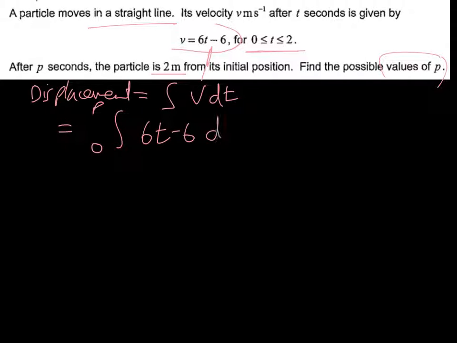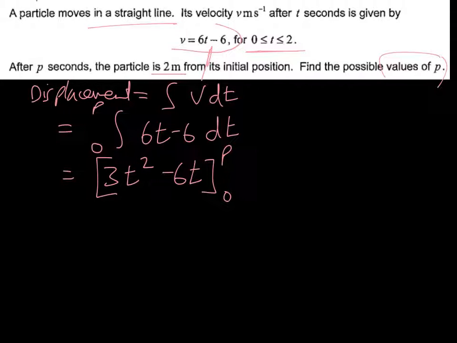So if we integrate this with respect to t, we're going to end up with 3t squared minus 6t, and we're going to look between the intervals of p and 0. Now, if we take the displacement to equal 2 meters, so we've inferred that from the question, it says the particle is 2 meters from its initial position.